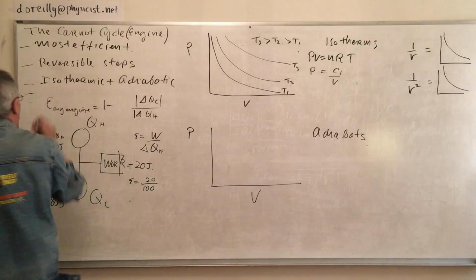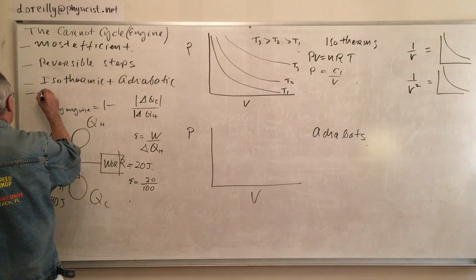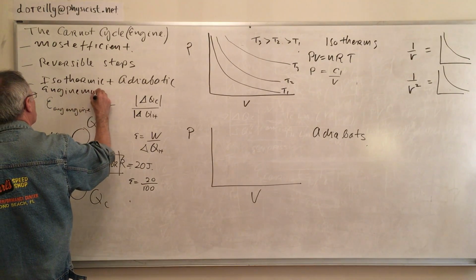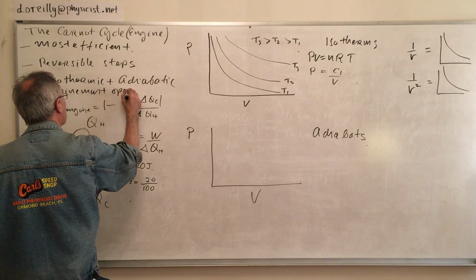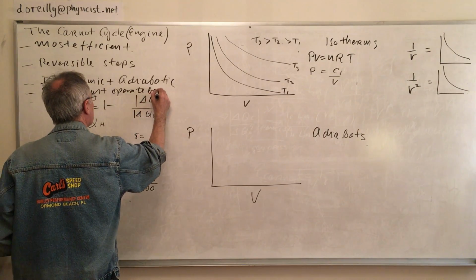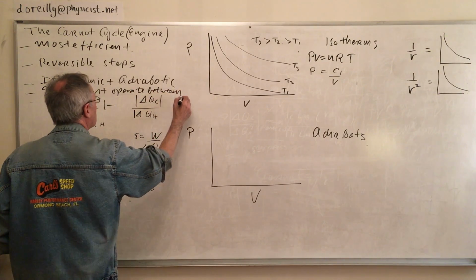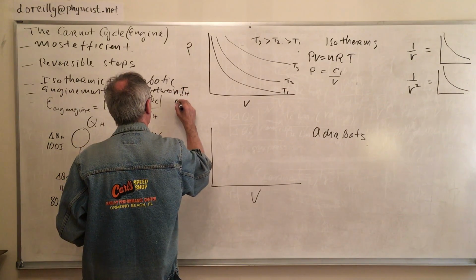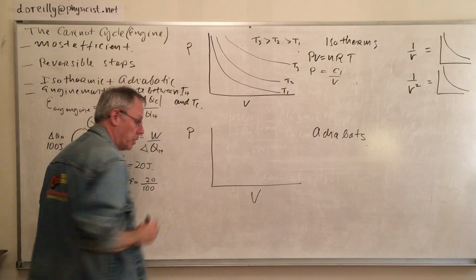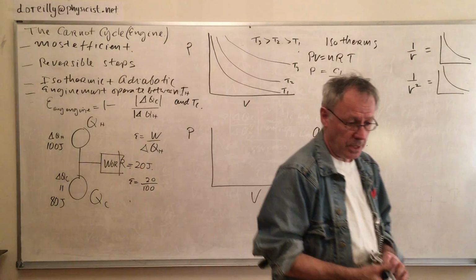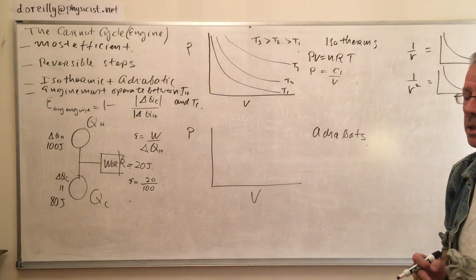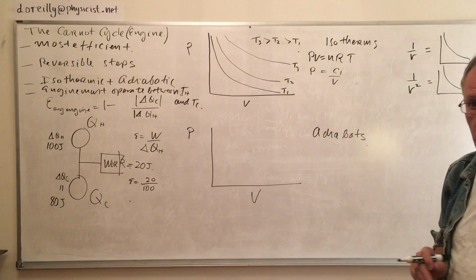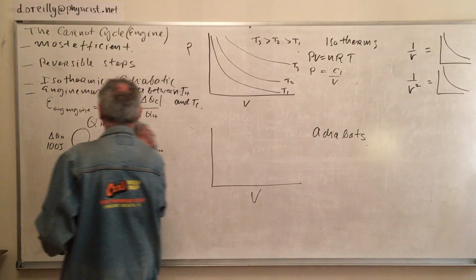Now, an engine has to operate between two temperatures. It must operate between T hot and T cold because we need heat to flow. According to the second law of thermodynamics, heat only flows from hot to cold. We don't need this now.